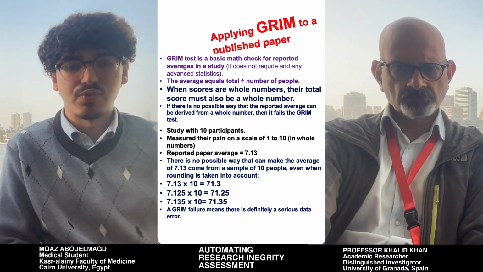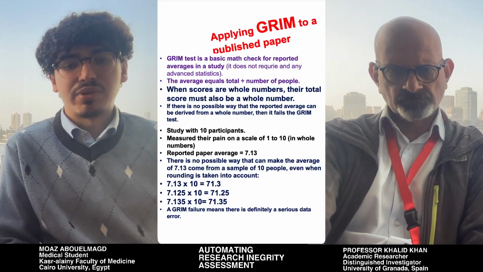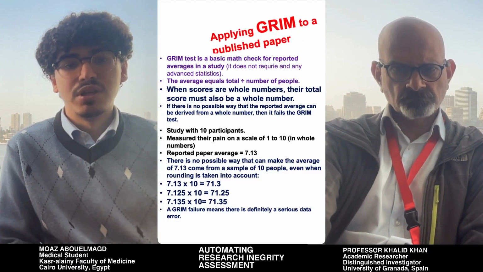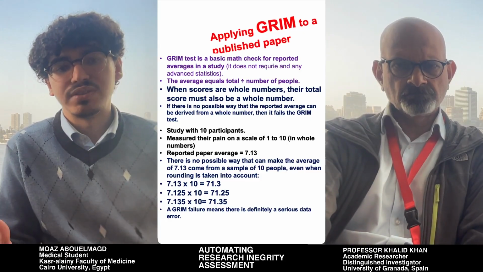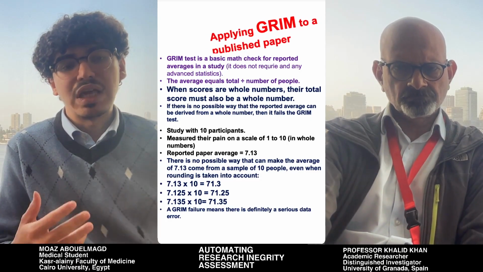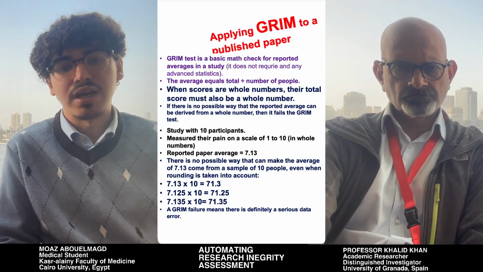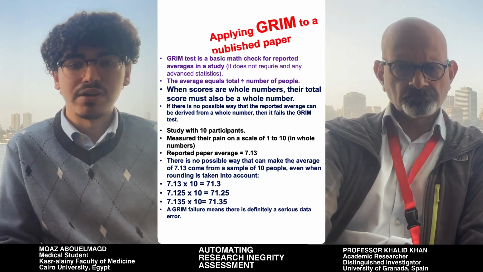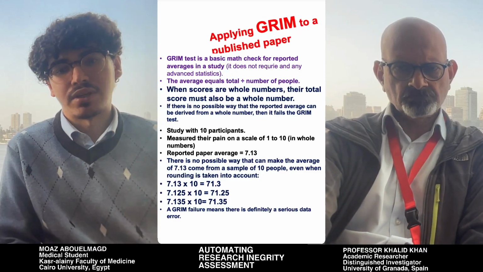So let's see how this happens. If we multiply 7.13 by 10, which is the number of people, to try and derive the total this average came from, we get a non-whole number. If we even consider rounding upward, where the original number was the extreme case of 7.125, multiplied by 10, we also get a non-whole number.